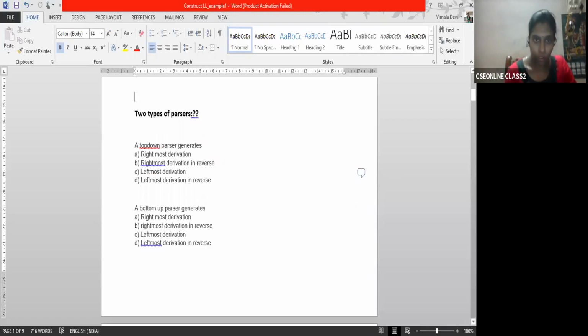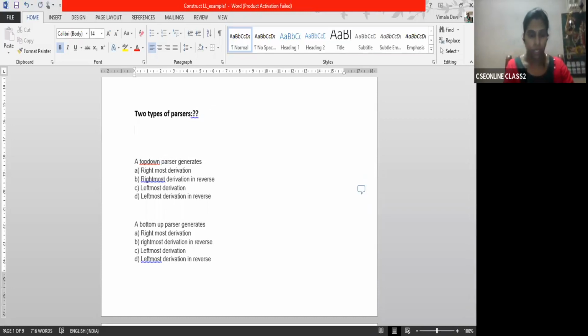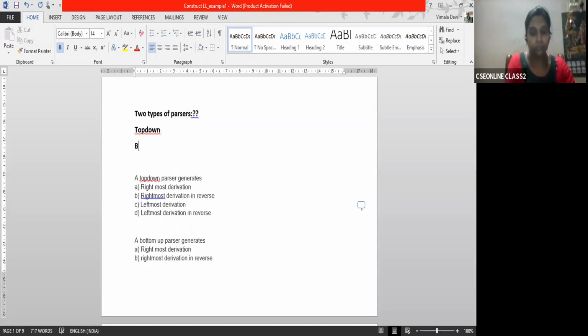I hope you know the two types of parsers. One is top-down and another one is bottom-up. In the beginning, we are going to concentrate on top-down parsers. One top-down parser was already discussed in the previous class, which is the recursive descent parser, which involves backtracking.